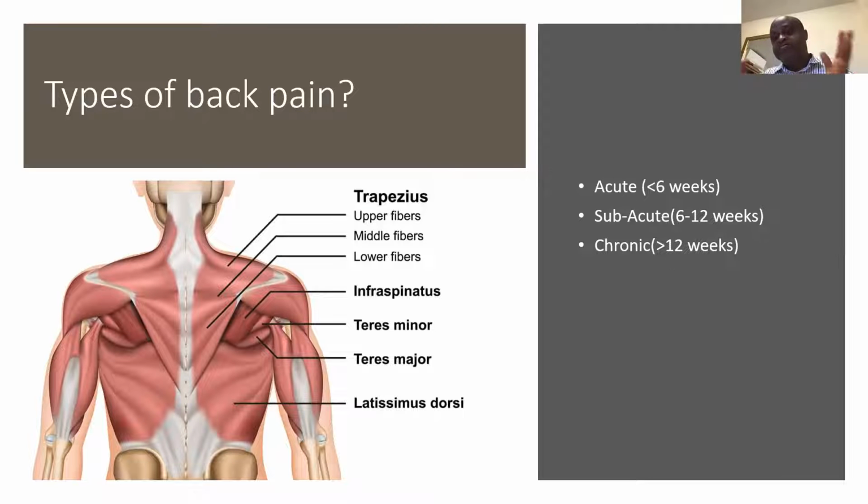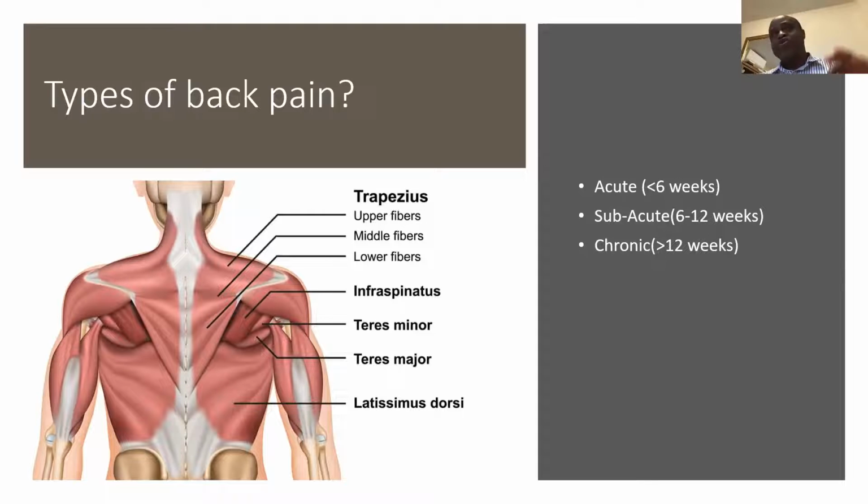Anything ranging between 6 to 12 weeks, and still ongoing, we say it's a subacute back pain. But then we have a chronic back pain, which is ongoing. Any back pain that lasts more than 12 weeks, about 3 months, then we say this becomes a chronic back pain.